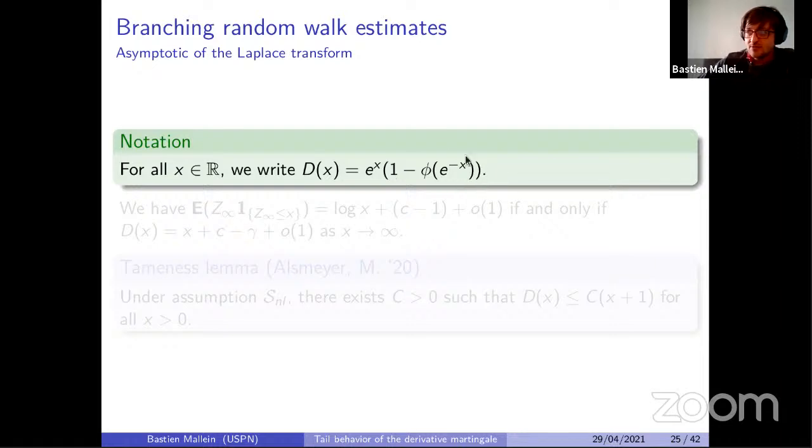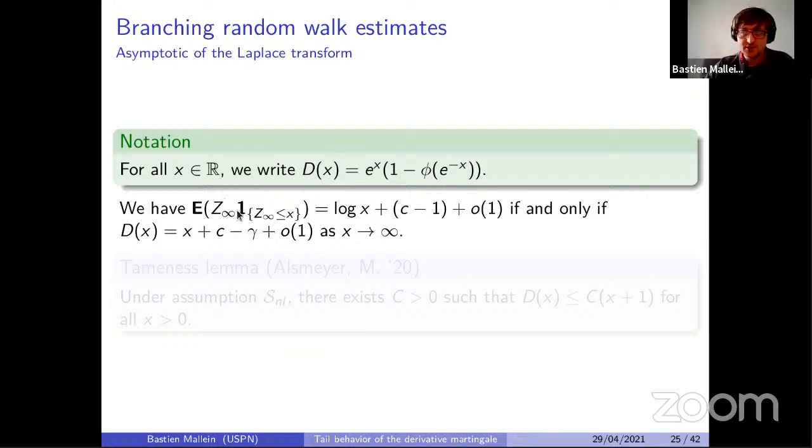I want to show that this quantity behaves as lambda log lambda, so that it behaves as x e to the minus x. So if I multiply again by e to the minus x, saying that the expectation of Z infinity indicator that Z infinity is smaller than x behaves as log x plus a constant will be equivalent to showing that the function D behaves linearly as x goes to plus infinity, so as x plus a constant plus o of 1.